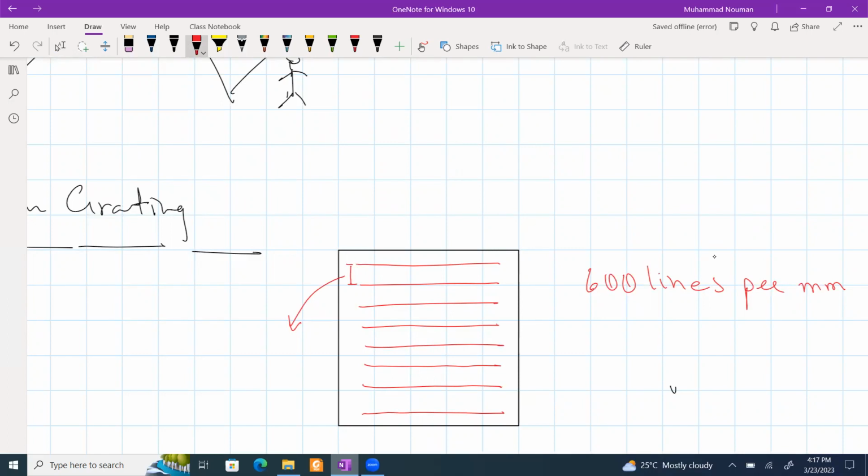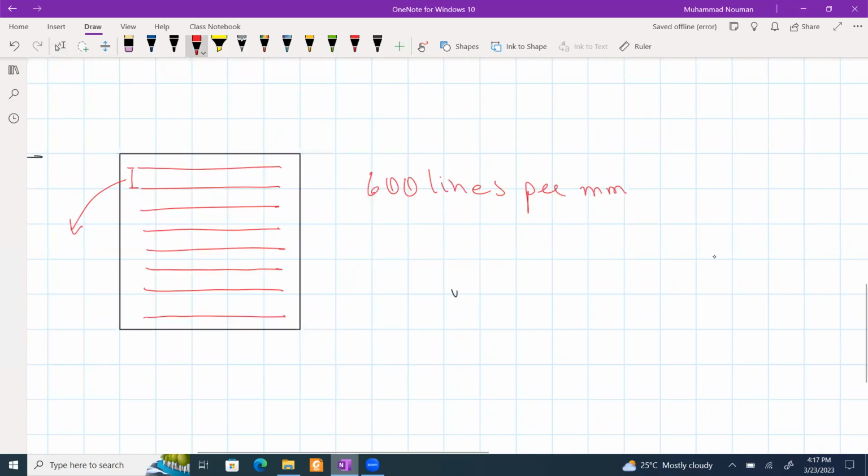The wavelength of visible light, if you remember, is from 400 nanometers to 700 nanometers. This is the estimated wavelength of blue light, this is the estimated wavelength of red light, and the rest of the colors come in between.